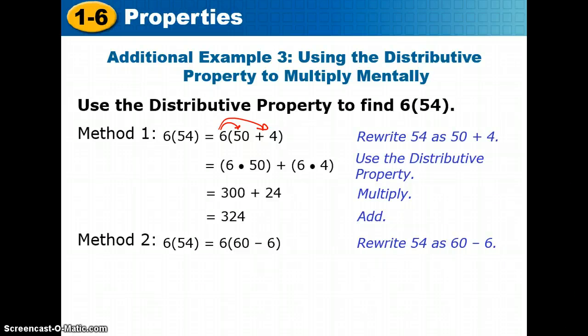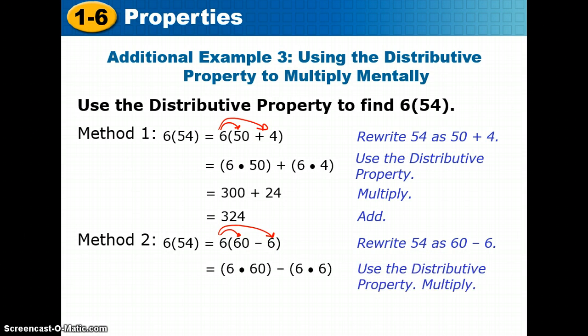When I write that using the distributive property and multiply 6 times 60 and then 6 times 6 and subtract those products, I would get the quantity of 6 times 60 minus the quantity of 6 times 6. When I multiply 6 times 60, I get 360, and 6 times 6, I get 36, and now I subtract to get 324. In both, using either method, I get the same answer.